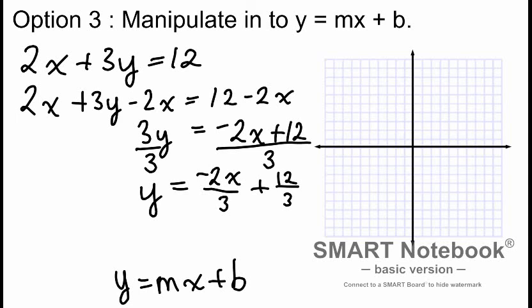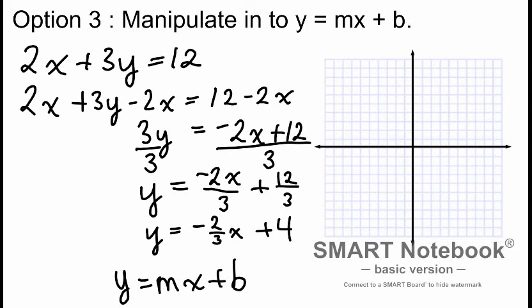Separate it into two fractions, and then the final step is to simplify each part. So negative 2/3 x, like this, and 4. Notice that suddenly this looks like slope y-intercept form, where the slope is negative 2/3 and the y-intercept is 4.